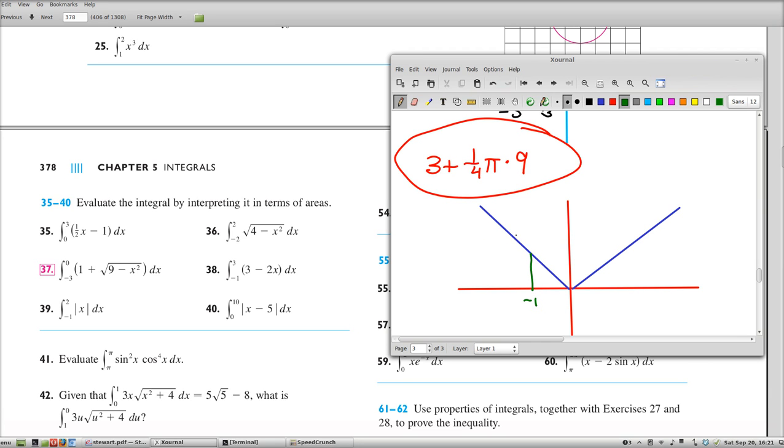Because this line is y equals -x, you know that this is just 1. So you've got a 1 by 1 triangle there, and it's positive, and then you also have to take into account this triangle from 0 to 2, so the base of this triangle is 2, and the height is also 2. So you add these two regions together, and that gives you the area.